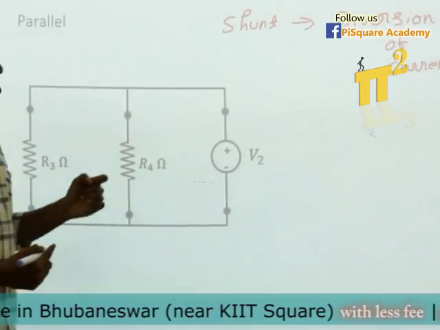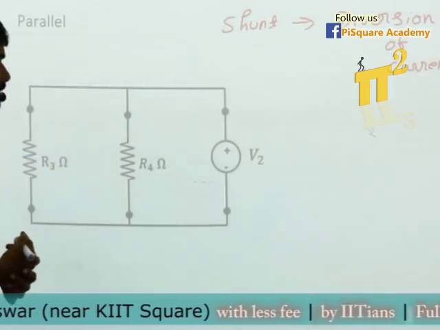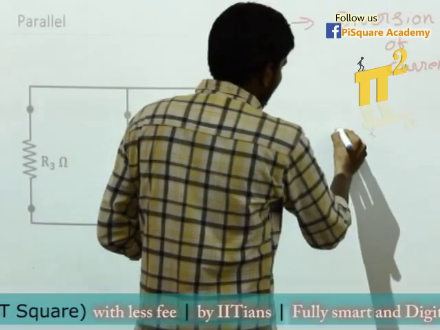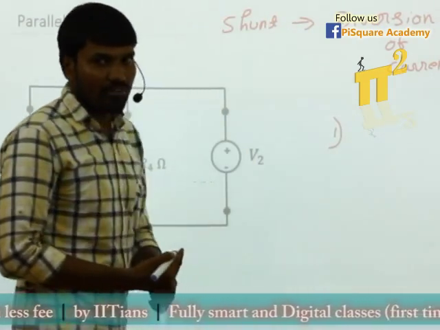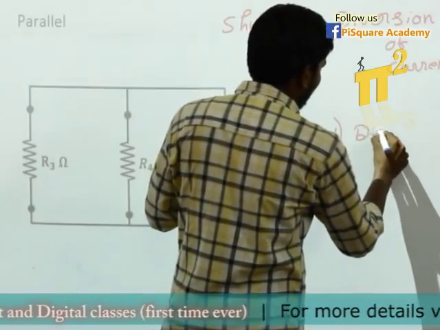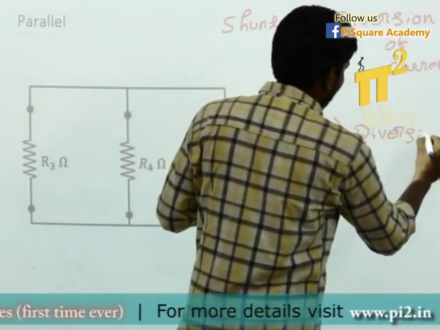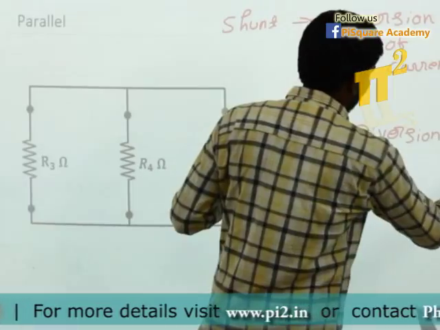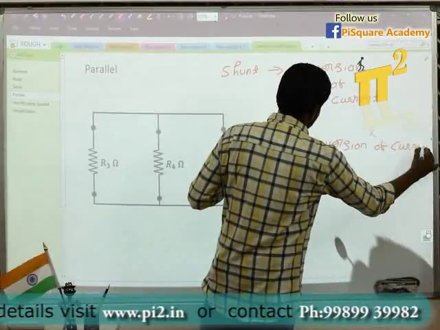So to say elements are in shunt, it has to satisfy two conditions. First condition is, there must be a diversion of current. As the name says, there must be a diversion of current.